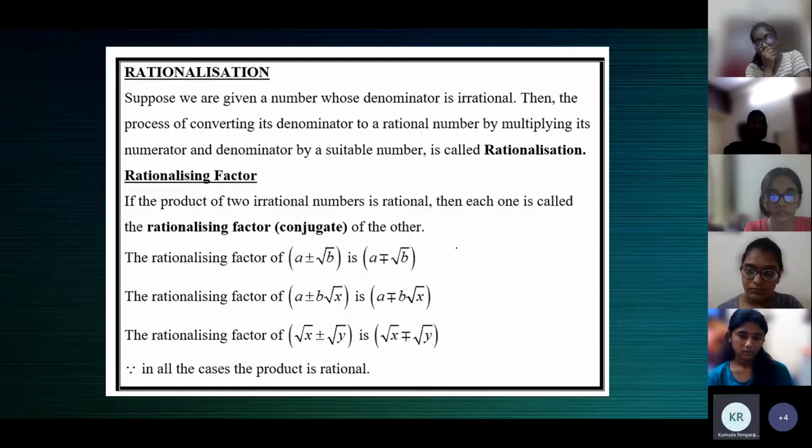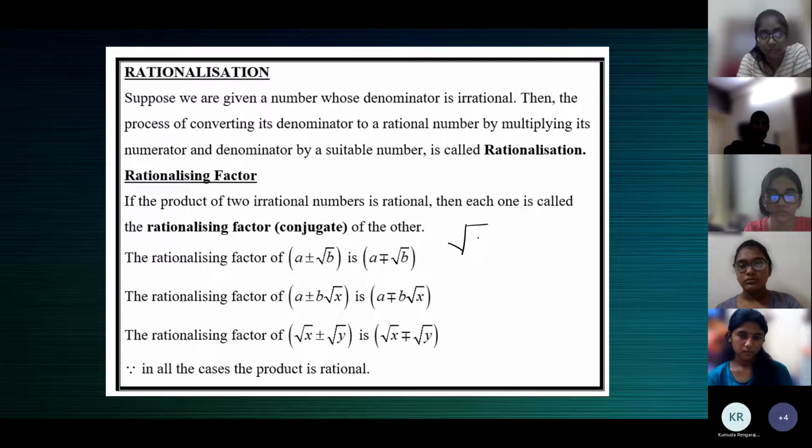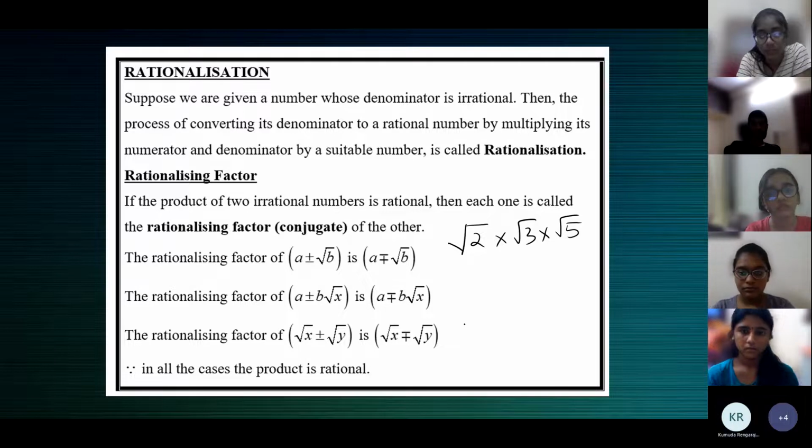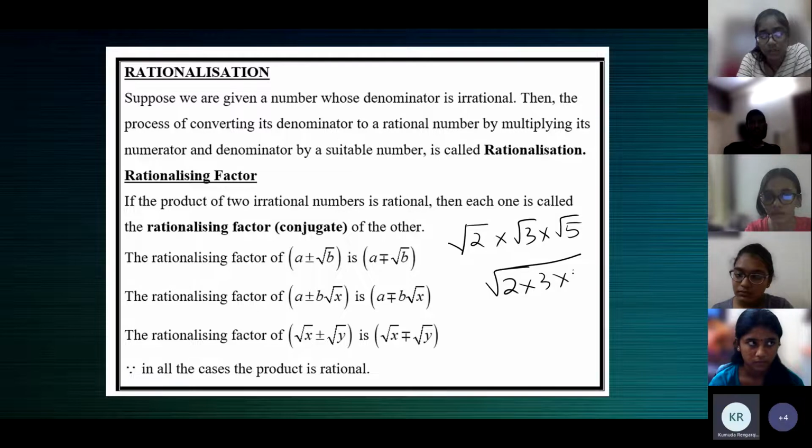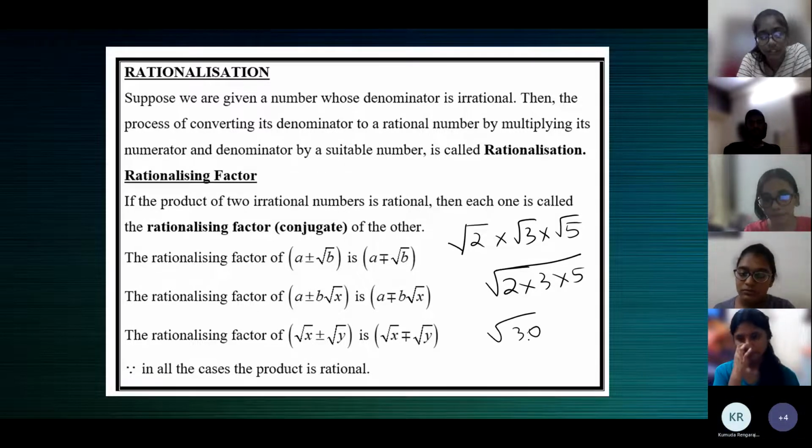What's the answer? Root 30. Yes, it's root of 2 into 3 into 5, which is root 30.